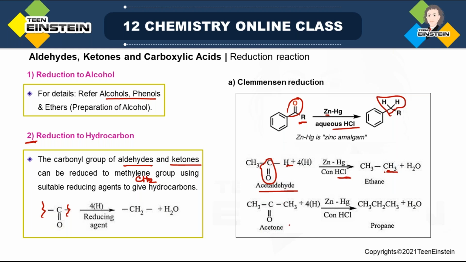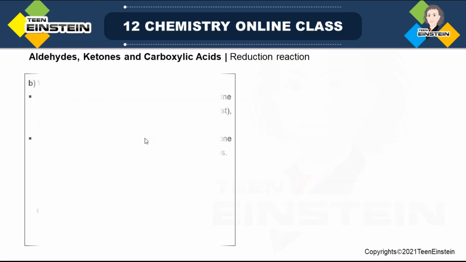Then CH3COCH3, that means acetone, a ketone. This part will be converted to CH2, and you can see here on both sides there is CH3. So ultimately we are getting hydrocarbon. That is why it is reduction to hydrocarbon. Fine. This is Clemmensen reduction.